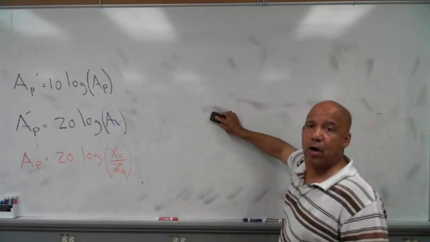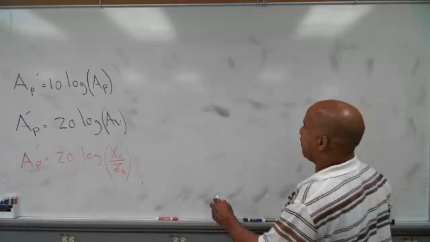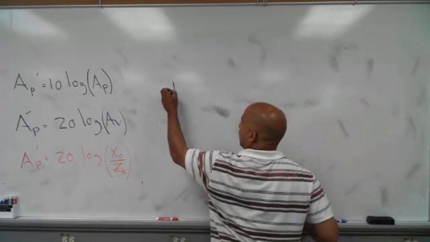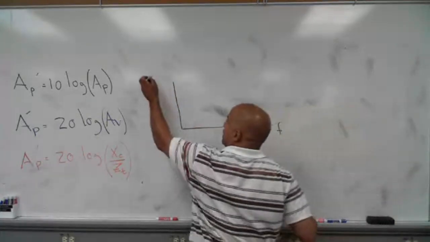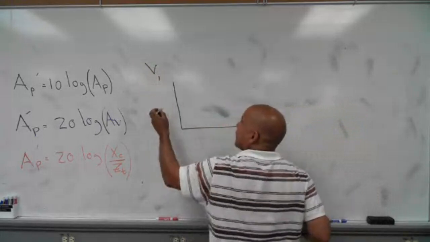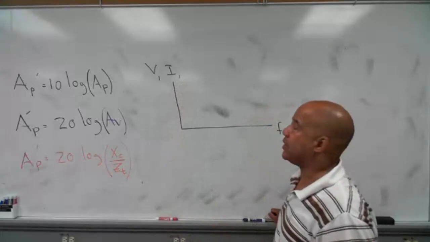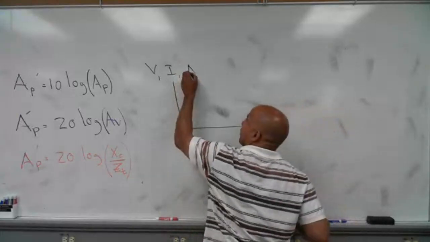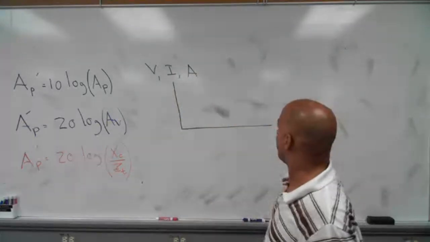So we'll use as an example an LPF. You know a response curve for an LPF. This is F. This can be voltage. This can be current. And now you know what gain is. This can also be gain. And that gain can be the regular gain or it can be the decibel gain.